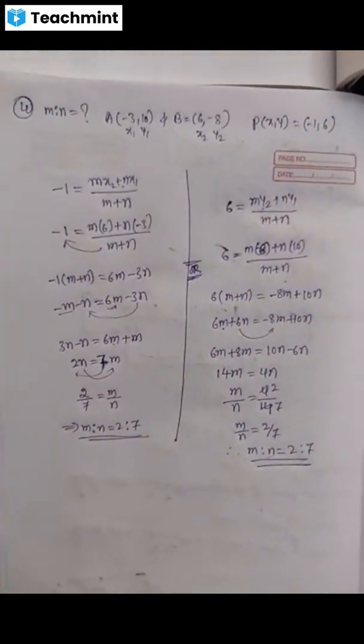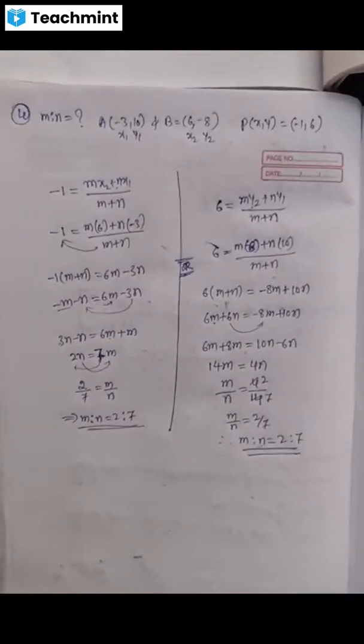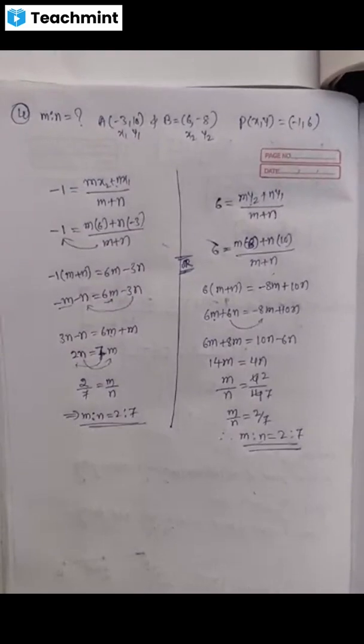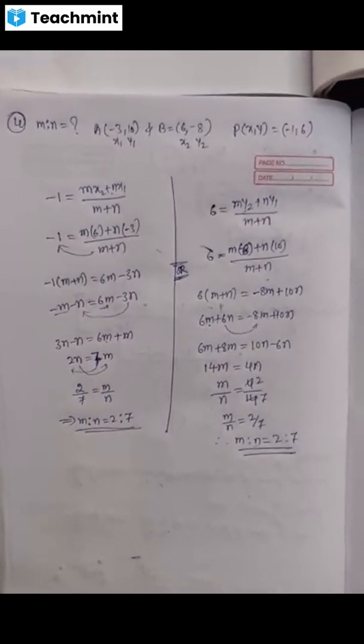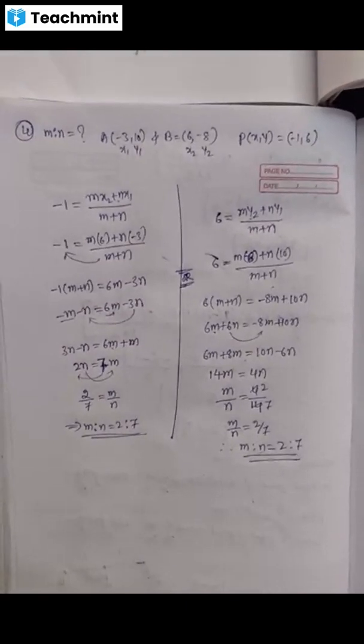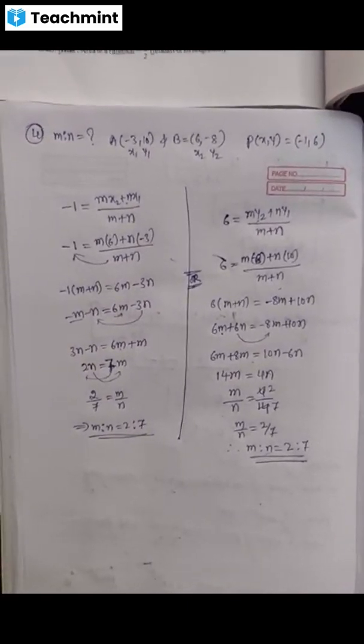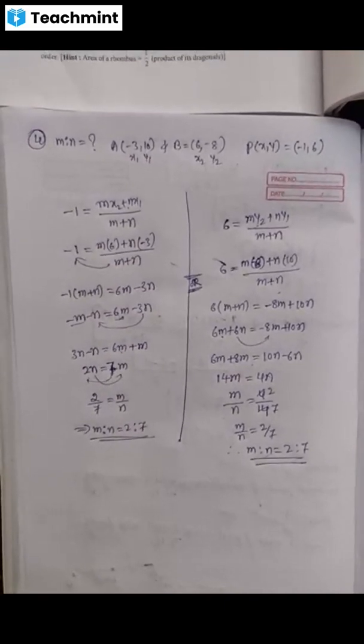This type of simplification was not given in your textbook. In the textbook they have taken the ratio as k is to 1. This is an easy method to solve.